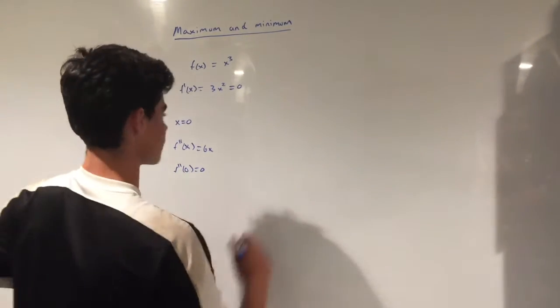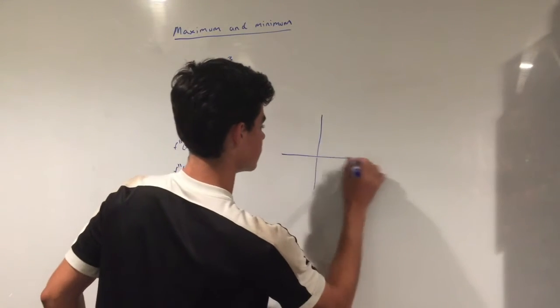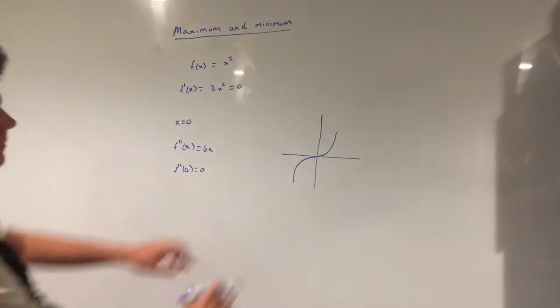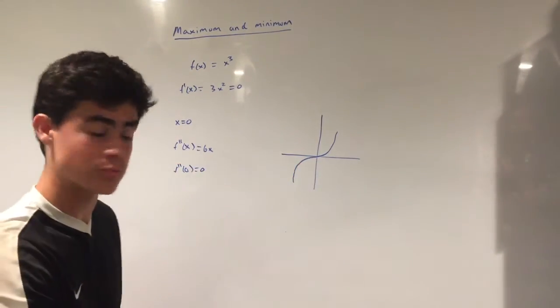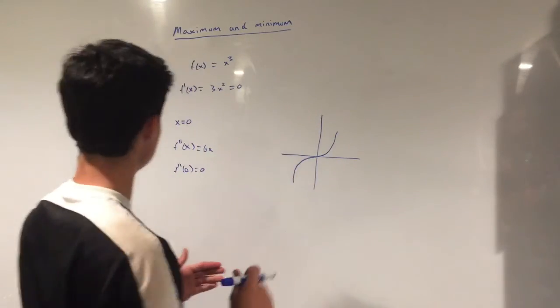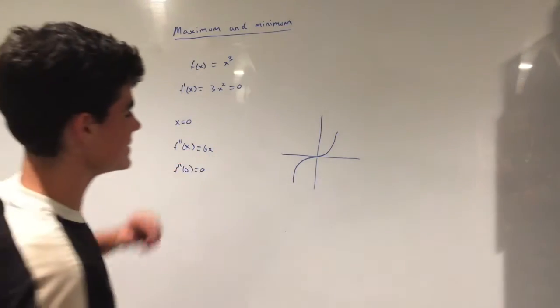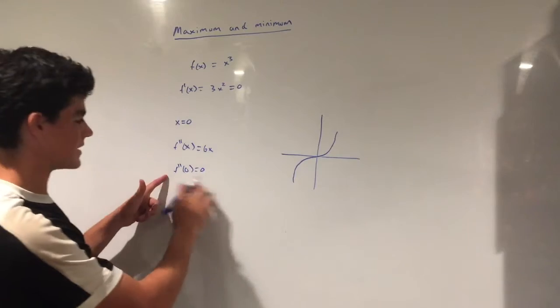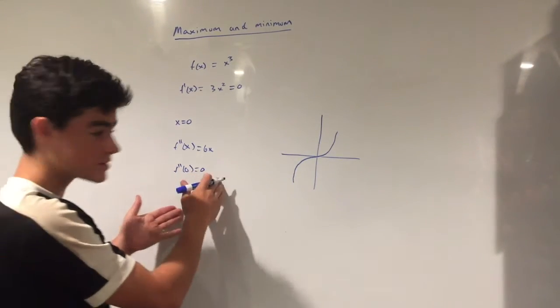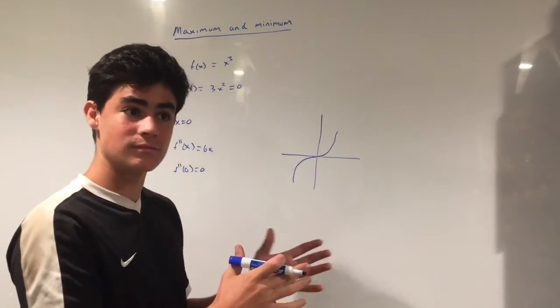Which, let me draw the graph on the side, makes sense, because there's a point we call an inflection point, where it changes from a negative concavity to a positive concavity. And the main idea here is that when it is at an inflection point, or when f double prime of x is equal to 0, there will be a saddle point.